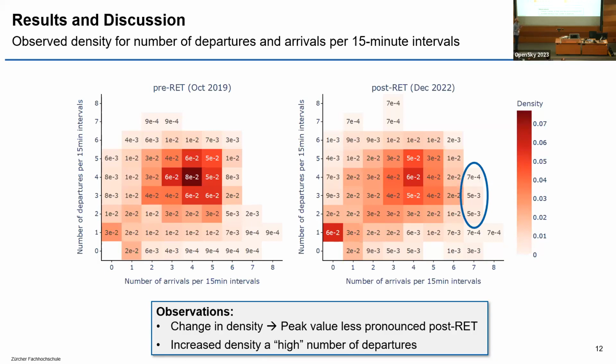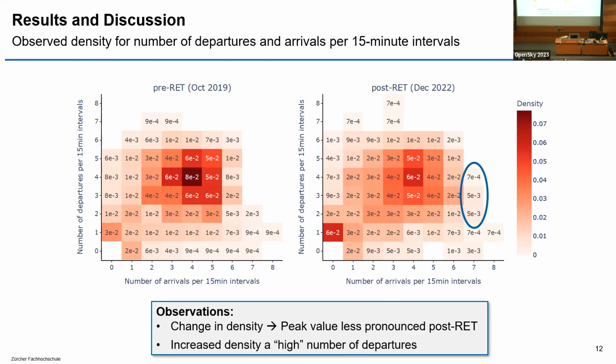What can be attributed most probably to the RET, however, is what is circled in blue. If we go to 7 arrivals per 15 minutes, we see that in the post-RET case, we have slightly higher densities than in the pre-RET case.